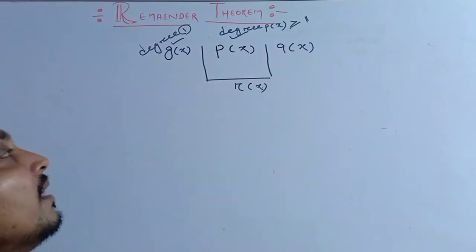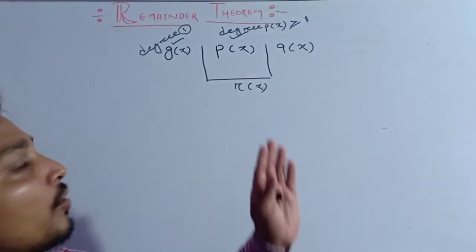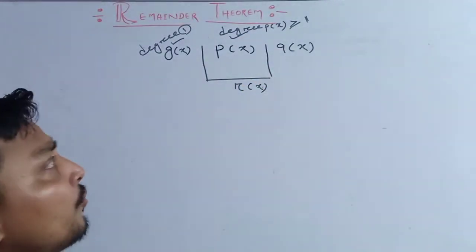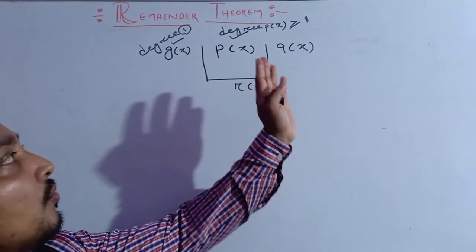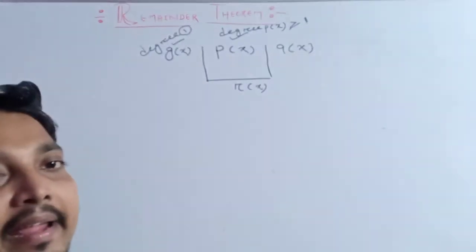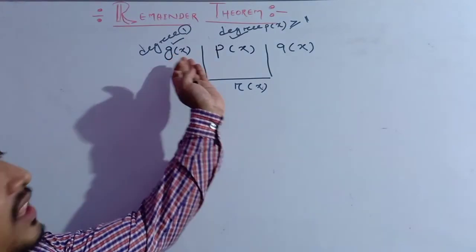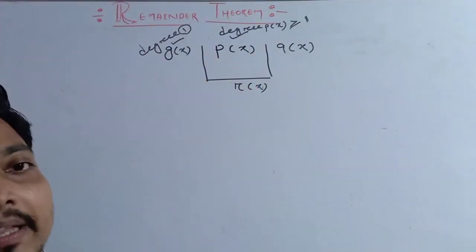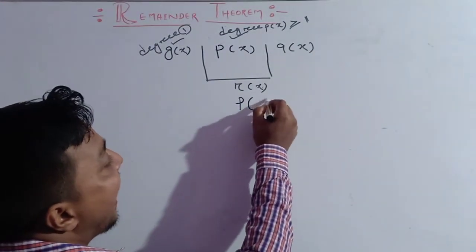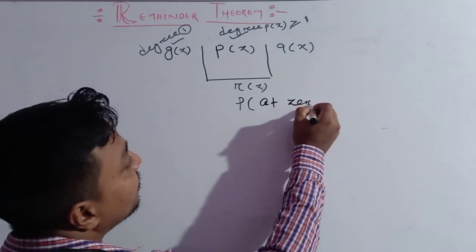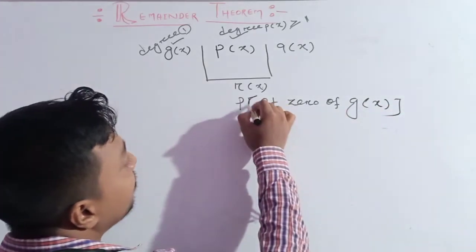You just have to remember, whenever p(x) is a polynomial whose degree is more than or equal to 1 and it is divided by a linear polynomial g(x), then the remainder will always be the same as the value of the polynomial at the zero of g(x).